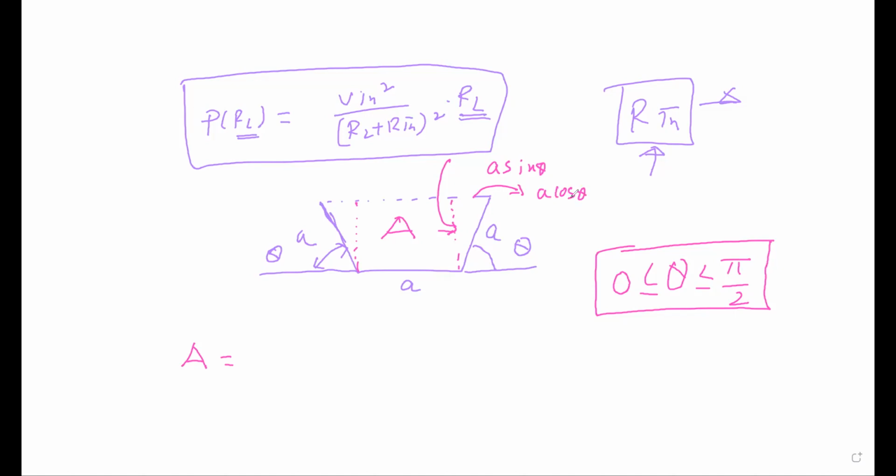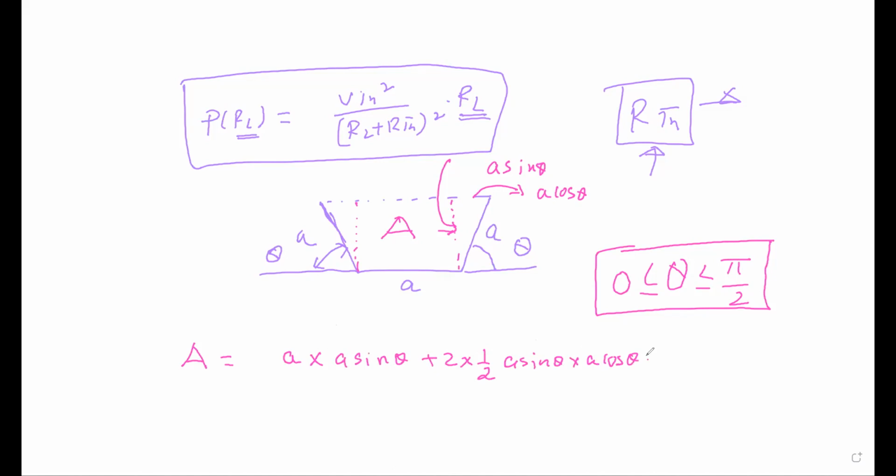Yes, sir. Then the area would be equal to the area of this rectangle, that is A multiplied by A sin theta, plus 2 into the area of the triangles, half into A sin theta, the height, multiplied by A cos theta, the base, is it not?